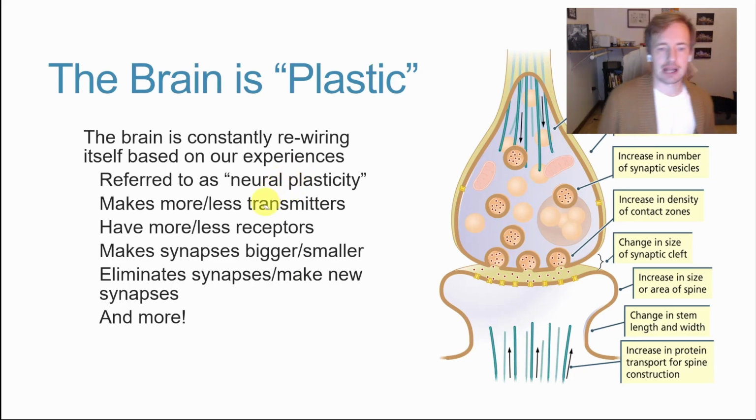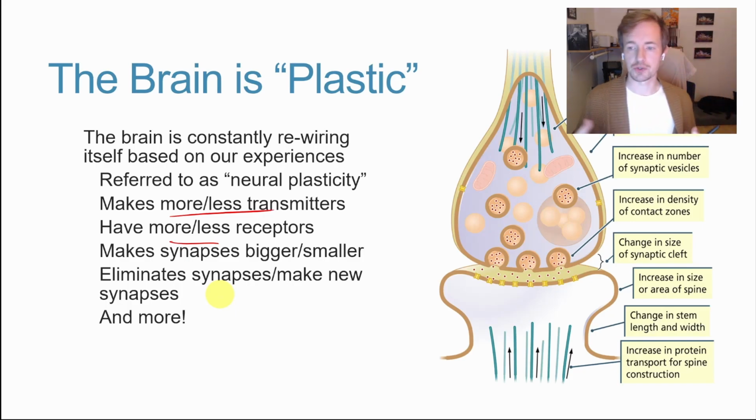And so based on our experiences, whether or not these neurons are going to fire a lot together or if they are going to not fire together, that means that there is going to be either more or less neurotransmitters or more or less receptors. So for some of these neurons, our brain is going to get them really close, those synapses are going to get smaller, and as a result they get more efficient in conveying whatever information they are trying to convey.